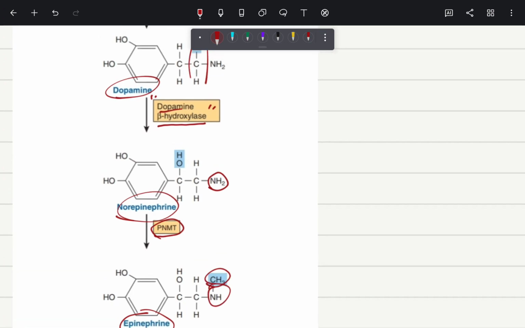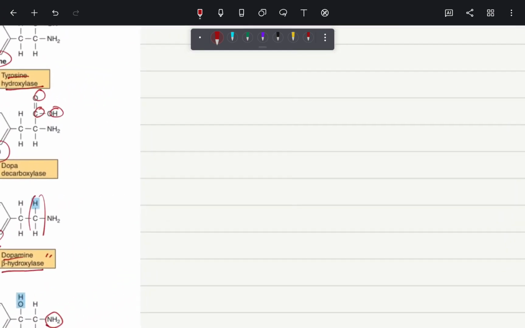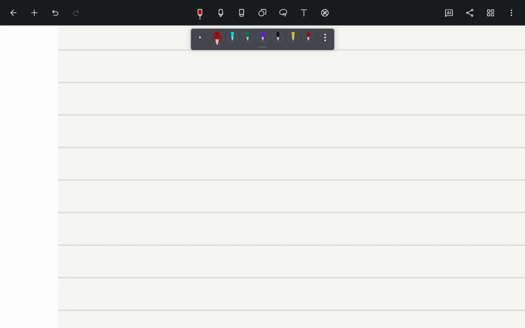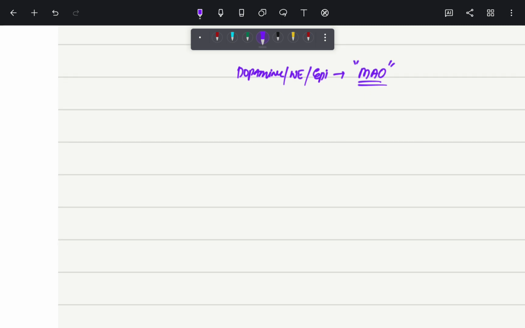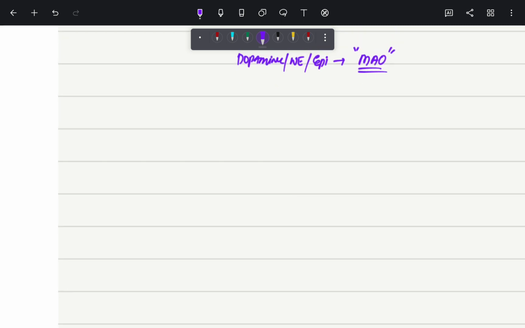Okay, now before ending this topic, I would like to say something, that dopamine, norepinephrine or epinephrine can be inactivated by enzymes such as monoamine oxidase. Okay, now what will the monoamine oxidase do?